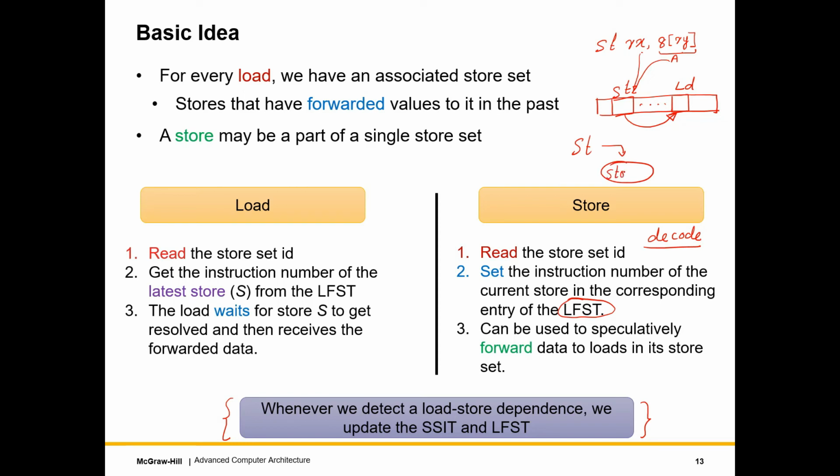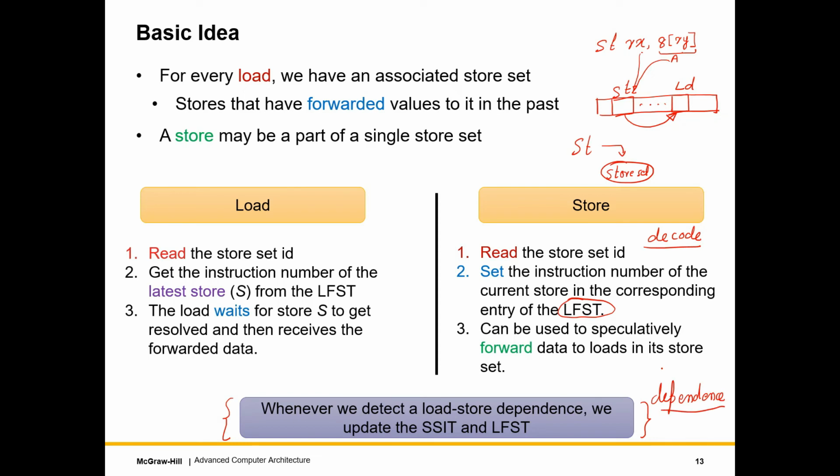We get rid of its previous mapping and we add it to the store set. And let's see if the store set itself is not there, then we create a new store set and we update the SSIT such that both this store and this load point to the same store set. So this bookkeeping is always done when we detect a dependence. We need to do this bookkeeping with the SSIT and LFST.